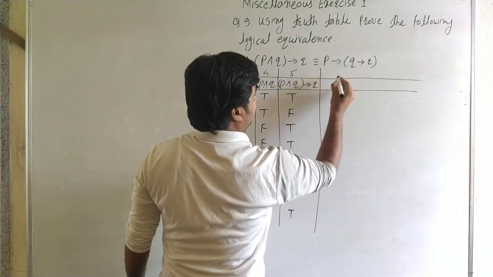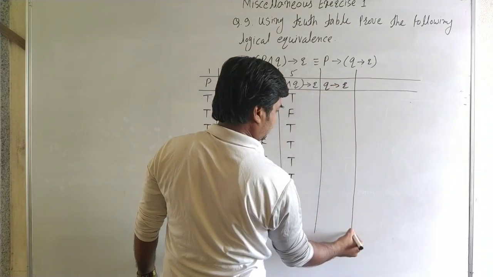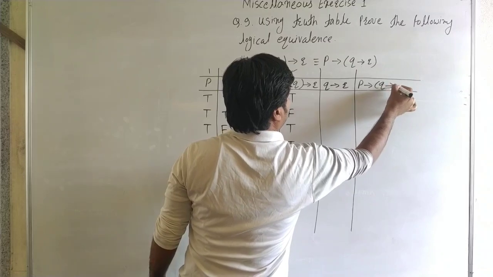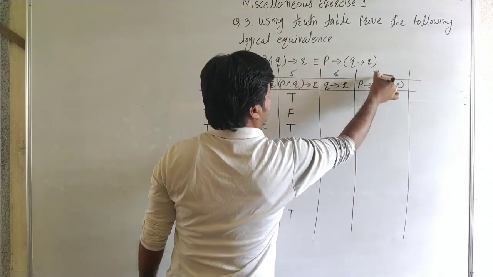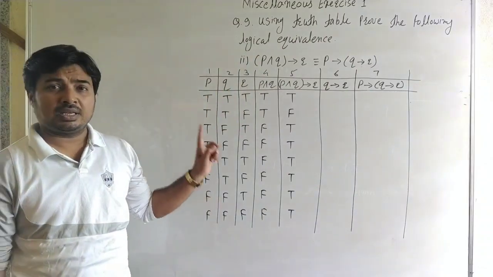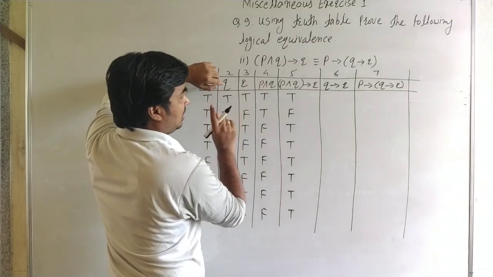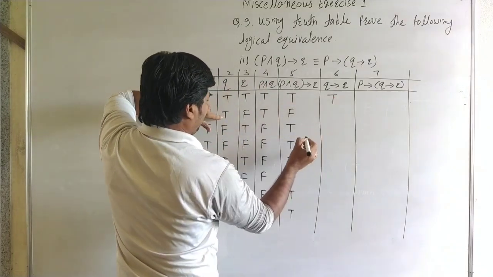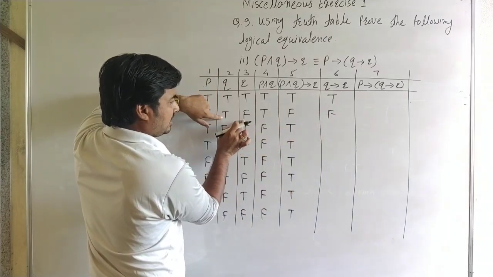Now for the RHS, first find Q implies R, and lastly P implies (Q implies R). Here columns 6 and 7. In Q implies R, Q is the first statement and R is the second statement. True implies true is true. True implies false is false.